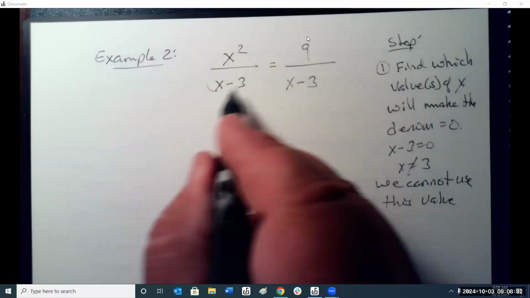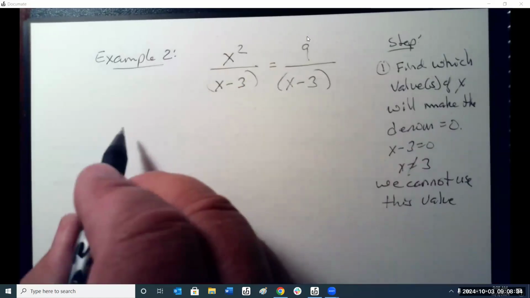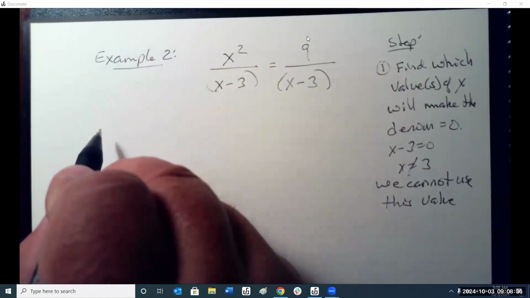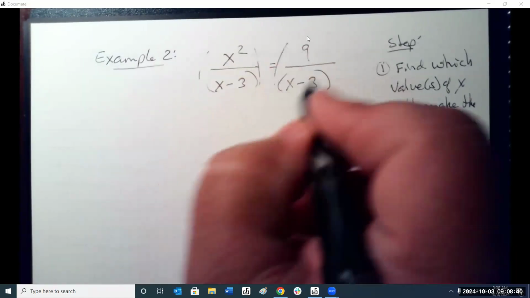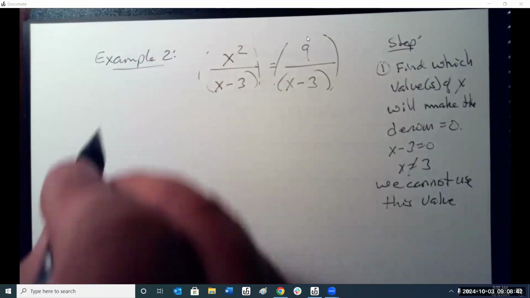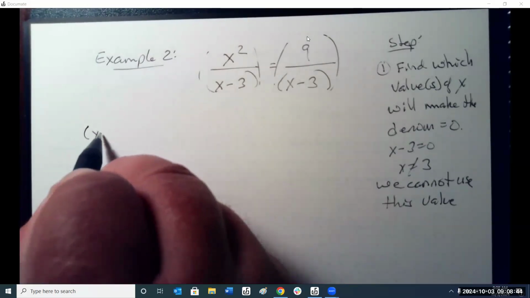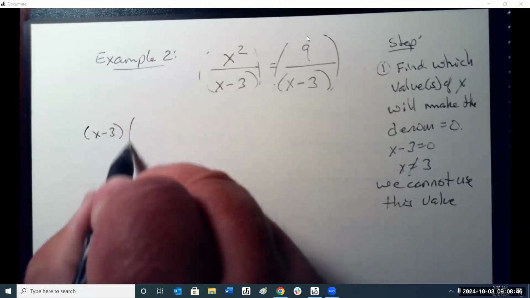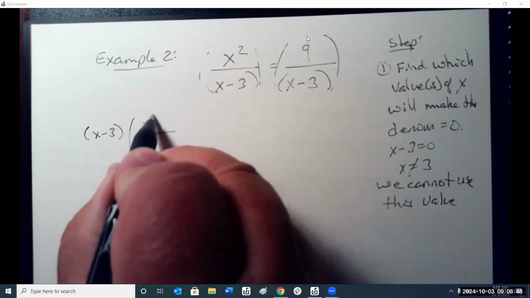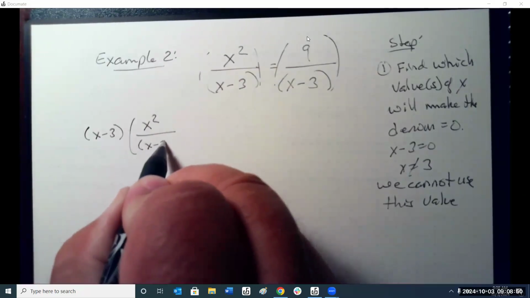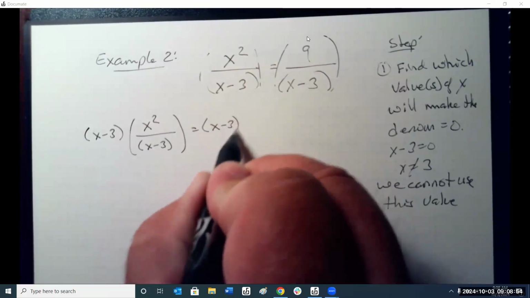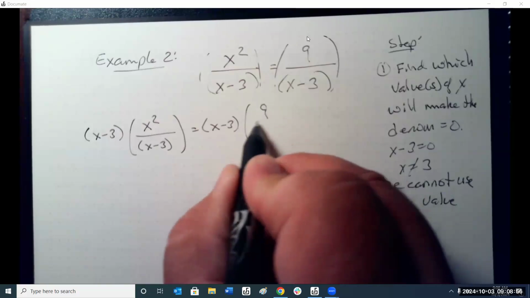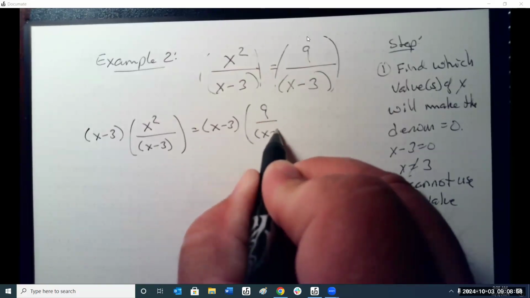Since I only have one denominator, x minus 3, we multiply both sides by x minus 3. So we have x minus 3 times x squared over x minus 3 equals x minus 3 times 9 over x minus 3.